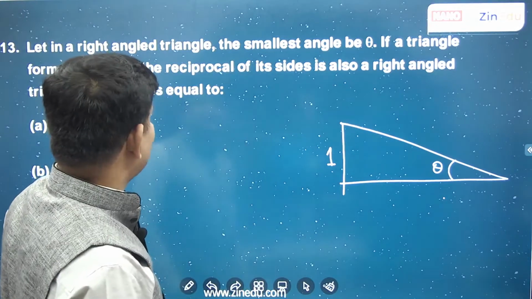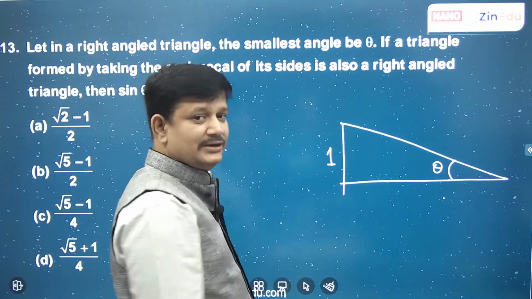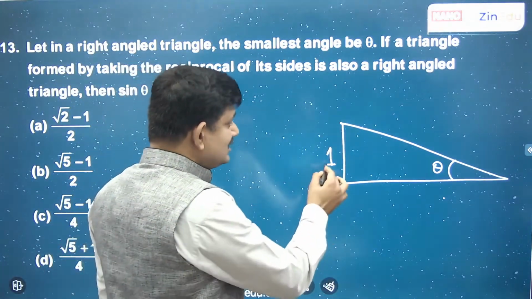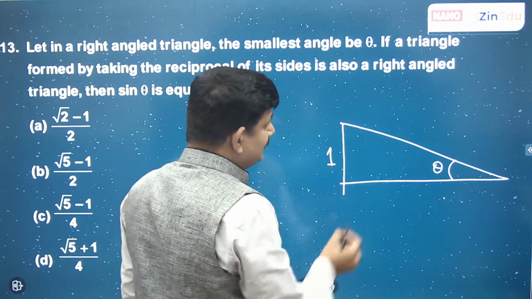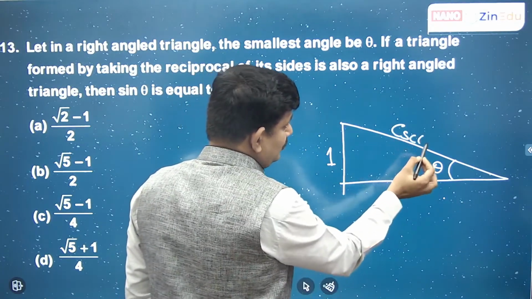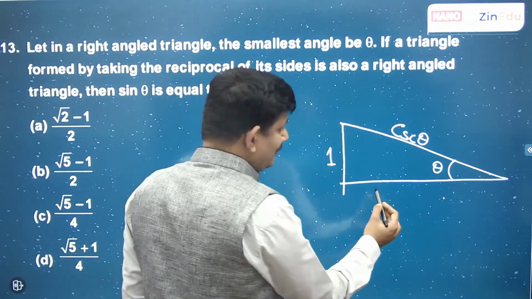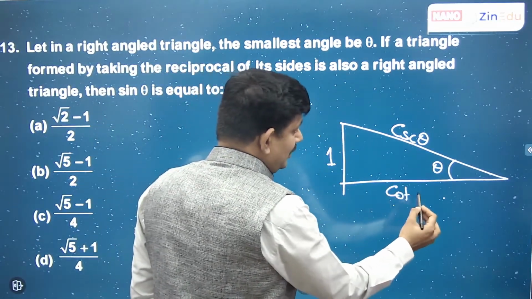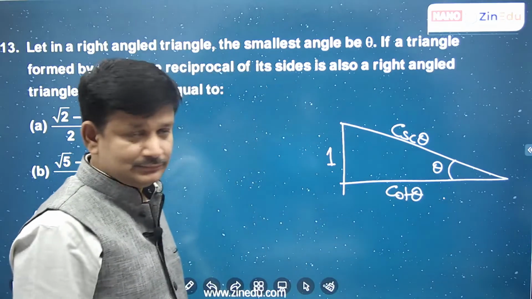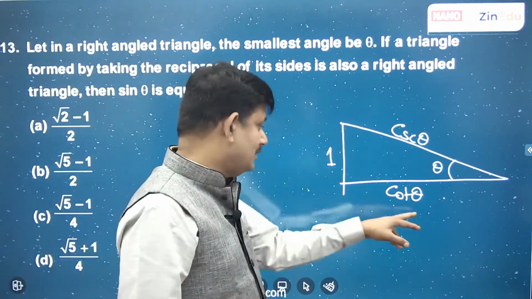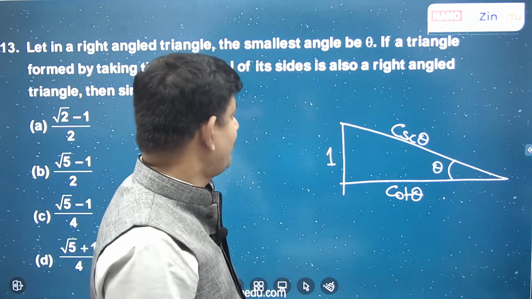So theta is given to be the smallest angle, so smallest side 1 will be here. If this is 1, what will this be? Cosecant theta. Adjacent side, cot theta. Opposite by adjacent is tan, or adjacent by opposite is cot.